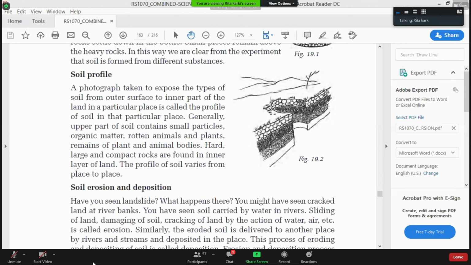So this layer is the parent rock layer, but it is also regarded as a horizon that is present in the profile. Basically, the soil profile of the earth surface comprises three different layers: topsoil, subsoil, and the parent rock.